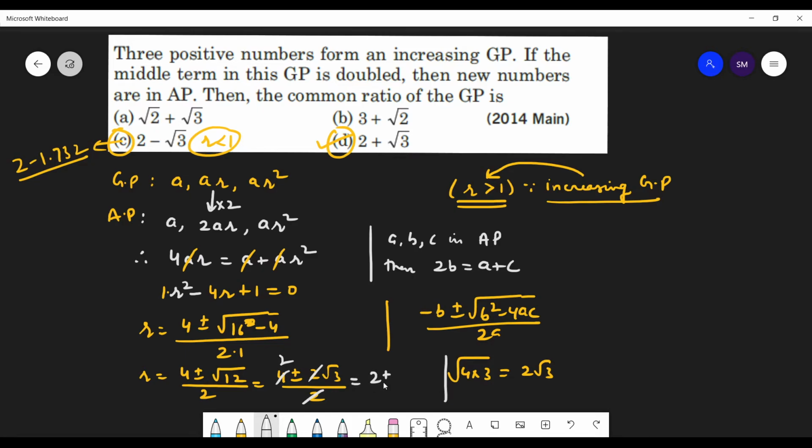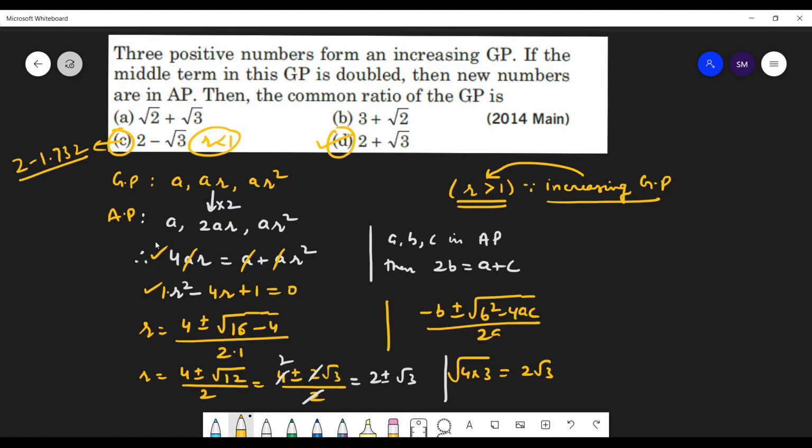Sir, how did we get 4AR equal to A plus AR square? Which step? The step above this step.